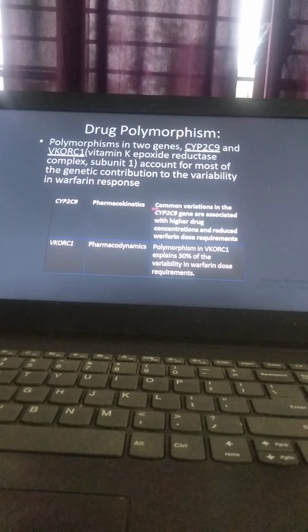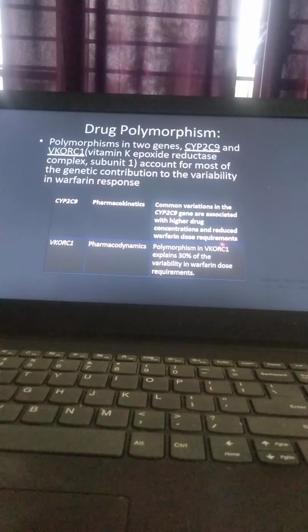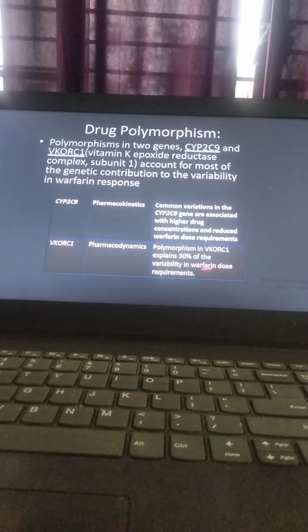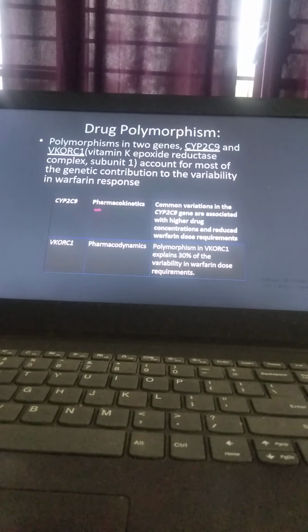CYP2C9 pharmacokinetics: common variations in the CYP2C9 gene are associated with higher drug concentration and reduced warfarin dose requirements. Then we have pharmacodynamics. Polymorphism in vitamin K epoxide reductase explains 30% of the variability in warfarin dose requirement. So pharmacodynamic 30%, and then the maximum we have is CYP2C9 pharmacokinetics.